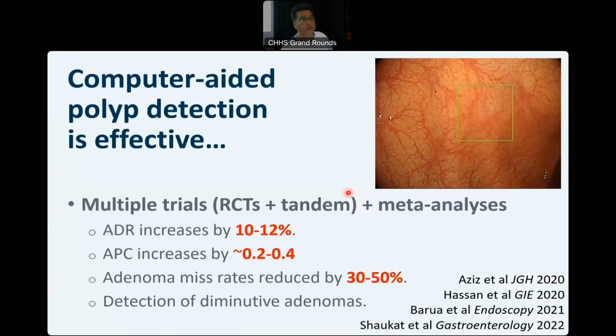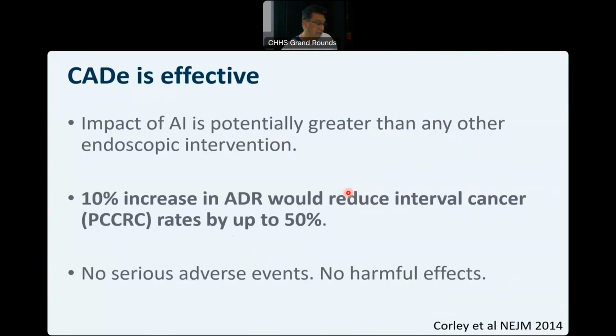Even though statistically, in terms of number and percentage, it increases, whether or not that will make a difference to your other goal, cancer reduction and other things, is still to be determined. Theoretically, a 10% increase in adenoma detection rate would reduce interval cancer by up to 50%. But again, what's important is what sort of adenomas we are talking about.